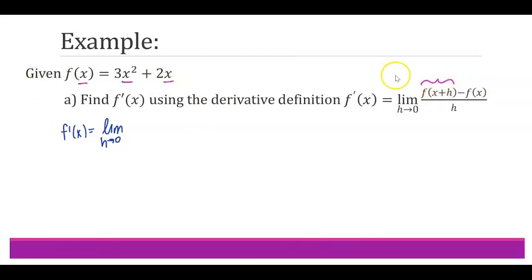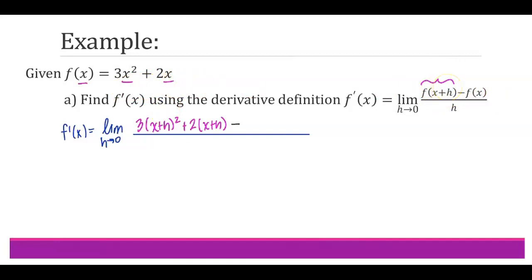We're doing a composition here. I'm replacing x with x plus h. And that's the top left of the limit of a difference quotient. So we have 3 times x plus h squared plus 2 times x plus h. Again, I was replacing each x here with x plus h. And now I'm done with the top left part of the difference quotient.